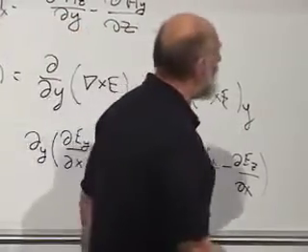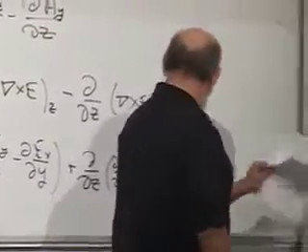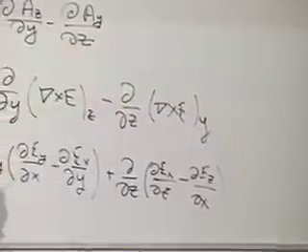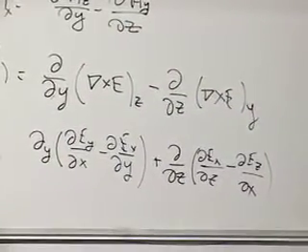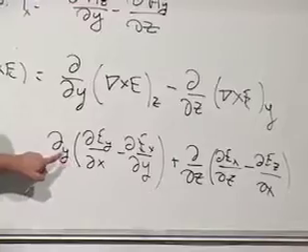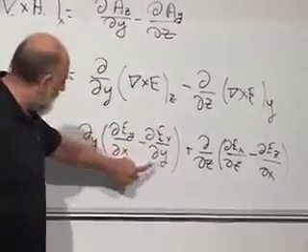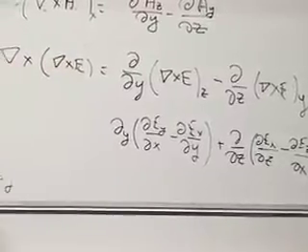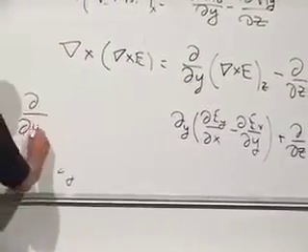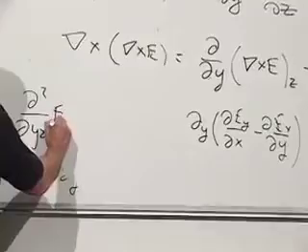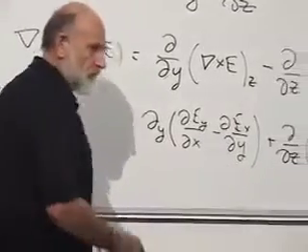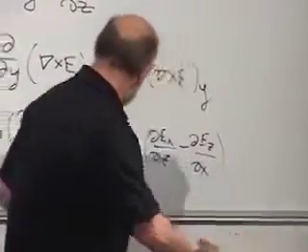We're calculating the x component of a vector. Let's see what we have here. We first of all have second derivatives of Ex with respect to y. First of all, d by dy squared of Ex. That's this term. Let me cross them out as we pick them off.